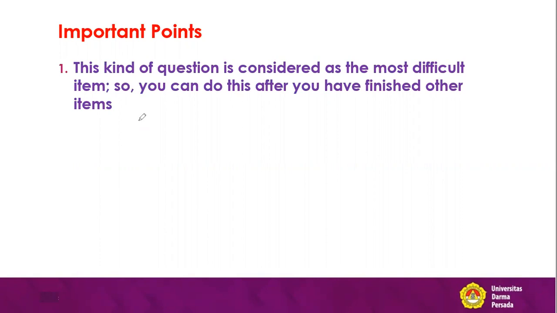So the recommended approach is that you do the easiest ones first. You start with something easy, and you skip the difficult one. You don't waste your time by focusing only on an item that you have problem with. That is not strategic.